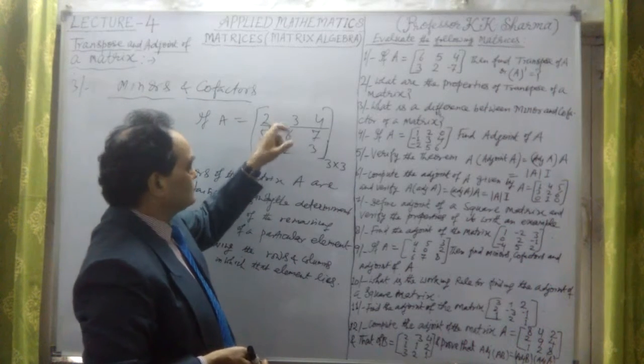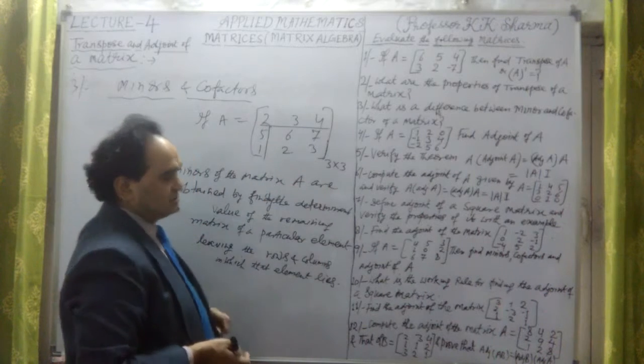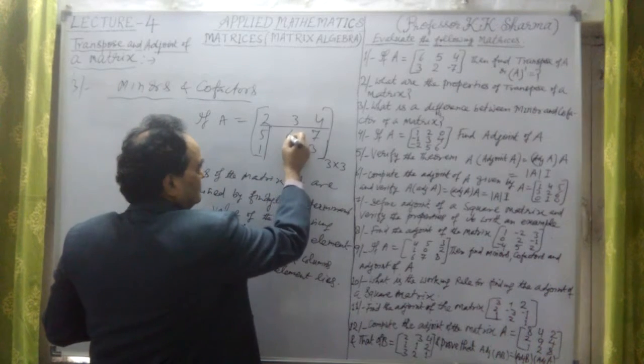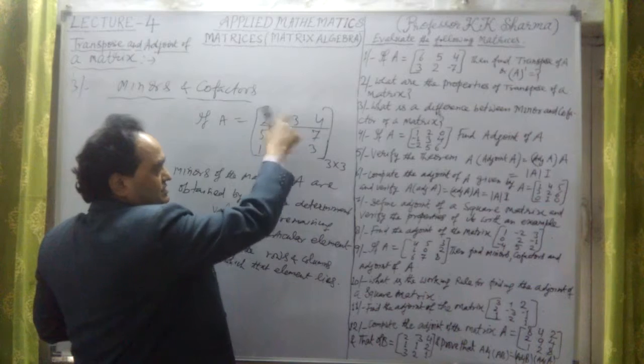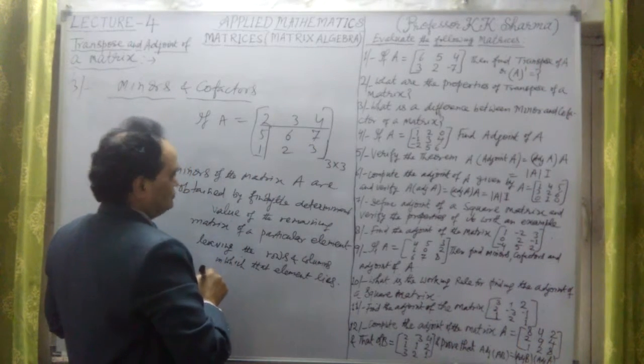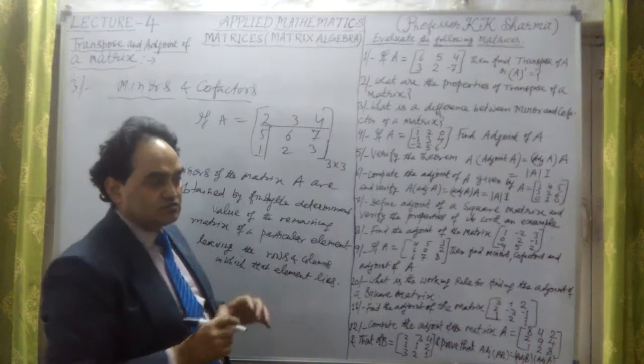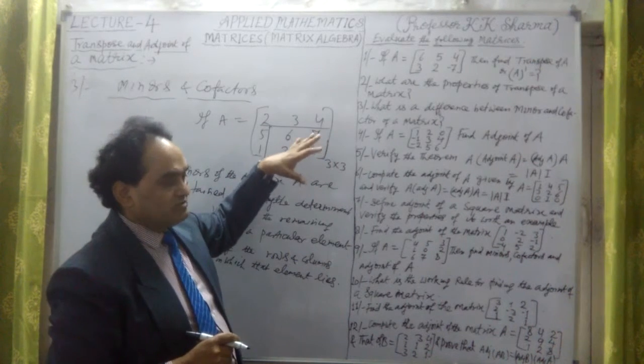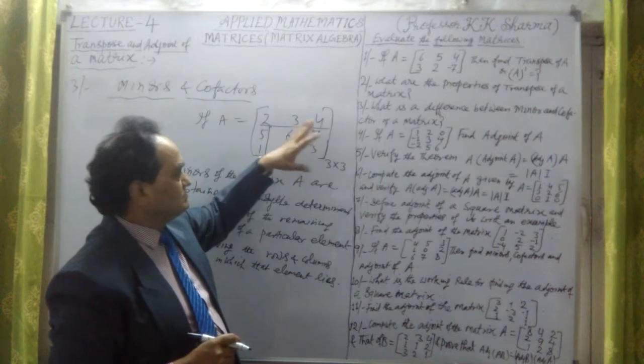So the minor value is the determinant value of the remaining matrix of any particular element, removing that row and column in which that element is lying. Okay. In this way, we have to find out the minors of each element. Every element's minors we have to find out.